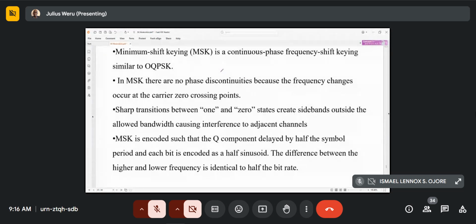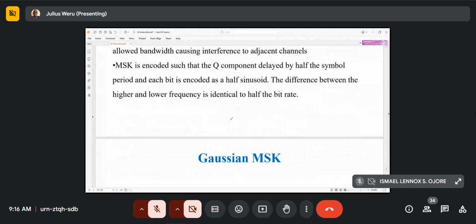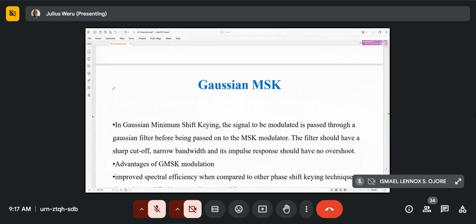What you want is to avoid phase shifts, so one bit ends here and the next starts here. You want the phase to be continuous, like this, and then it continues.